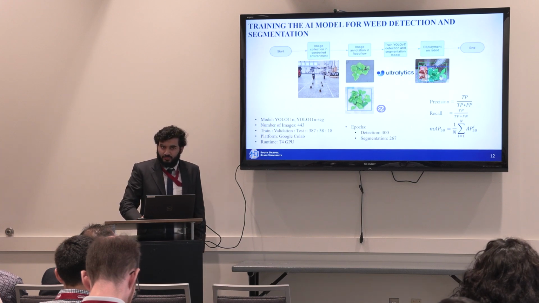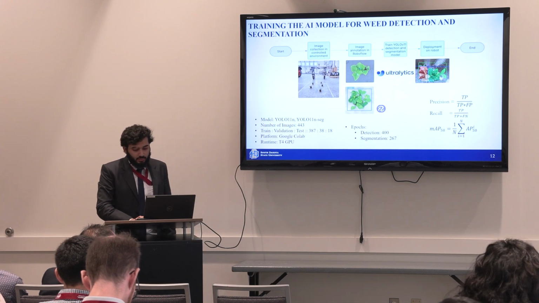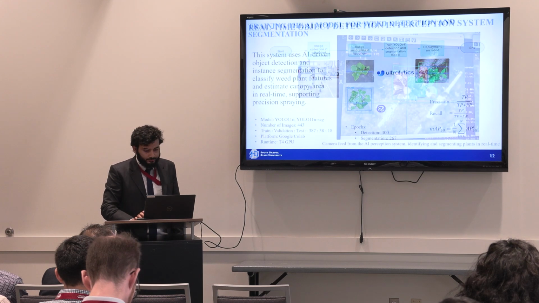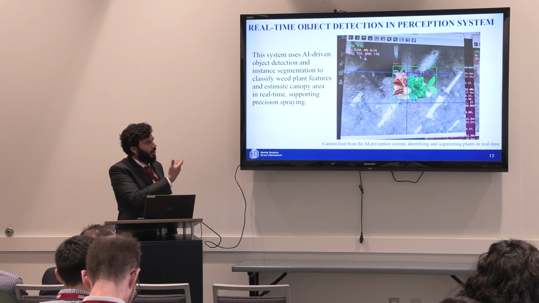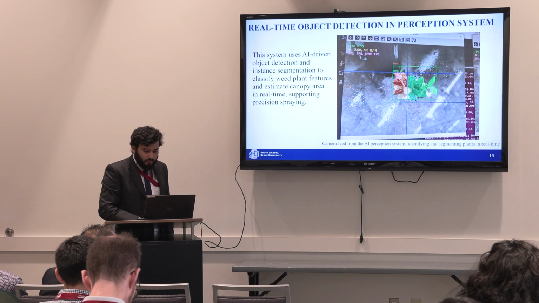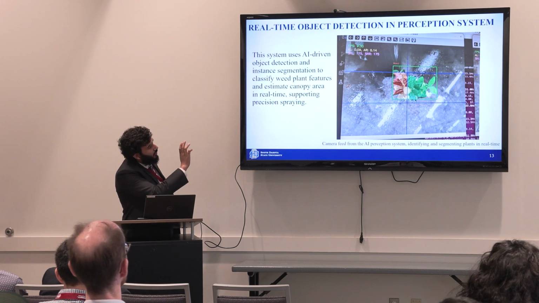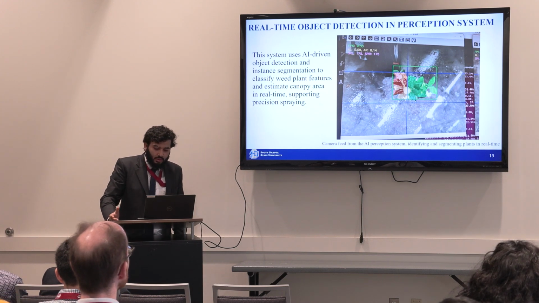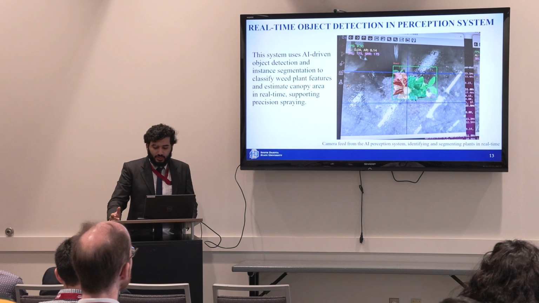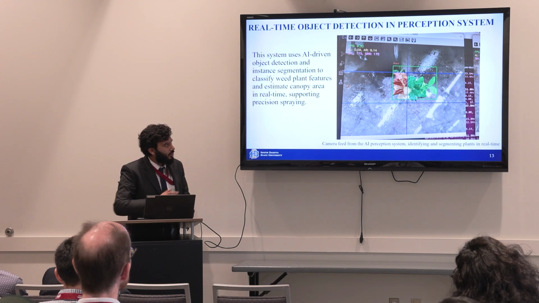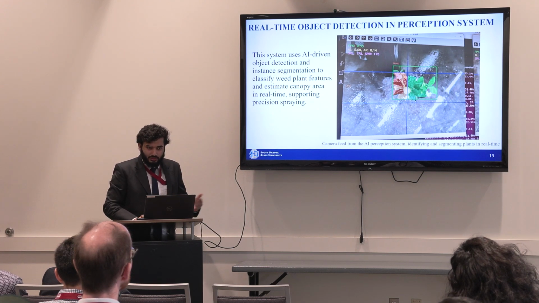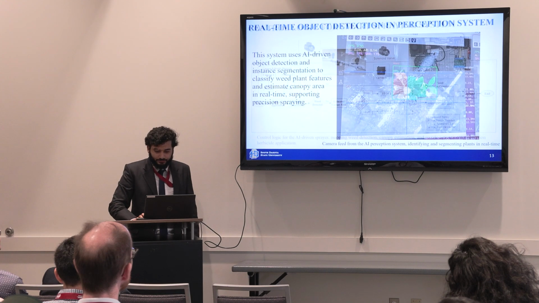Precision, recall and mAP50 were used as our metrics for performance tracking. Here is an example of how our deployment looked. We have a detection over there with canopy area estimation as well, and these lines you see are related to when to spray and when to not spray the product.